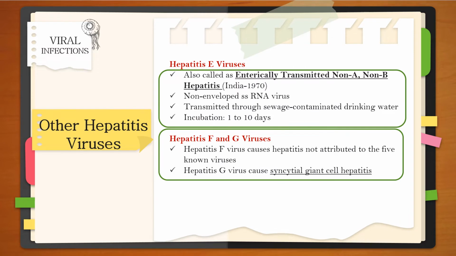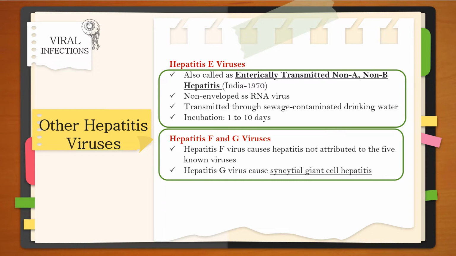So here we have the other hepatitis viruses of much less clinical importance than the formerly presented hepatitis viruses. The hepatitis E virus is known as the enteric form of the non-B hepatitis virus, which is a non-enveloped single-stranded RNA virus whose most common causative factor is sewage-contaminated drinking water.